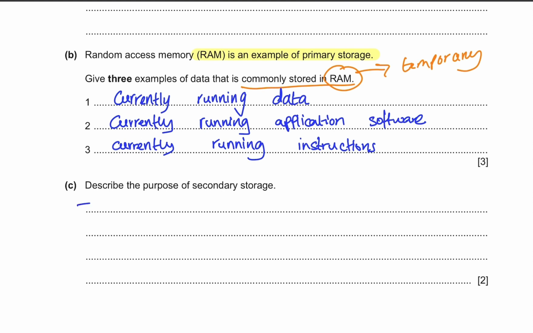Okay, describe the purpose of a secondary storage. For a secondary storage, you can say it is for non-volatile or permanent storage of files. You use a secondary storage for permanent storage of files.